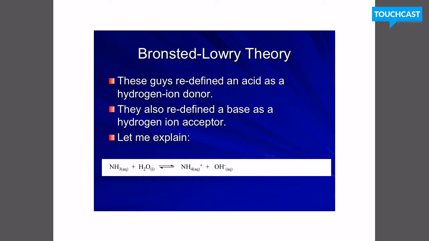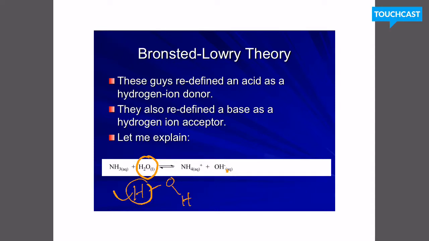So what I'm going to do is try to explain that using the example that you see down here. Let's get that written down in our notes. What you're looking at is the dissociation of ammonia in water. So right here, your water is actually capable in the formula of dissociating and throwing off one of these hydrogens.